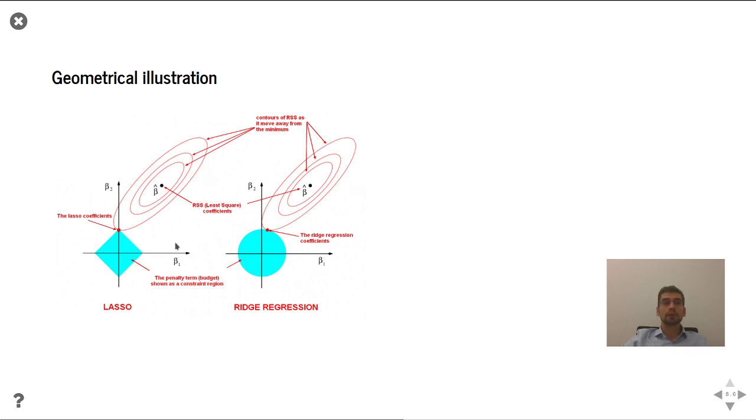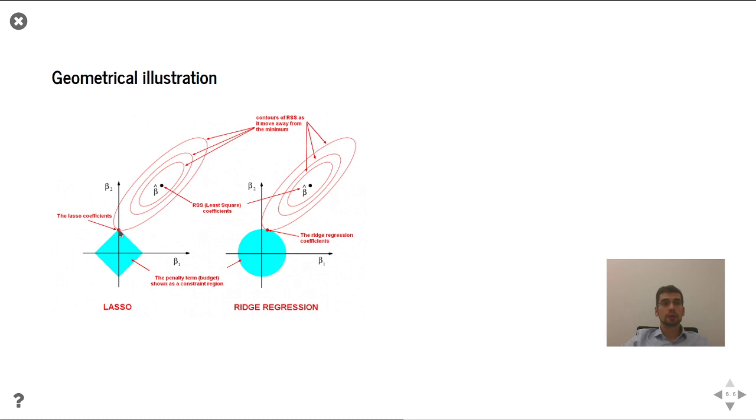The core difference is that if we have L2 norm, then the optimal point will be somewhere between the origin and the optimal point. But if we work with L1 penalty and L1 norm, then for some sizes of this region, for small regions, the optimal point will be somewhere on the coordinate axis.